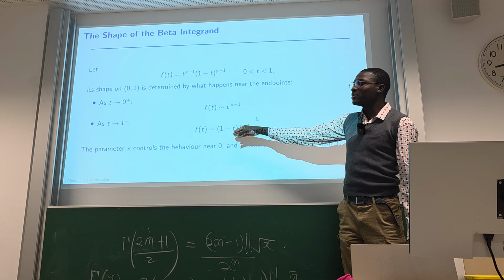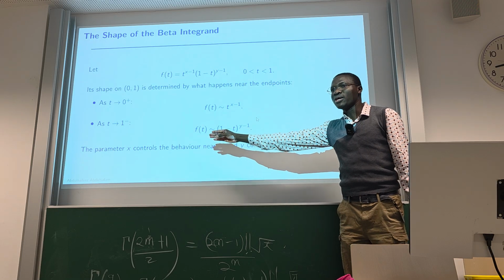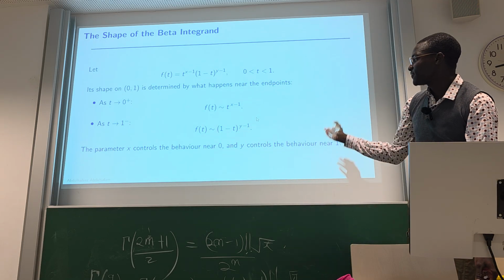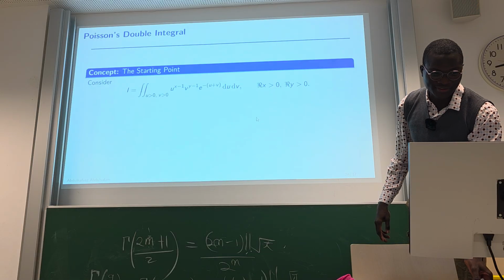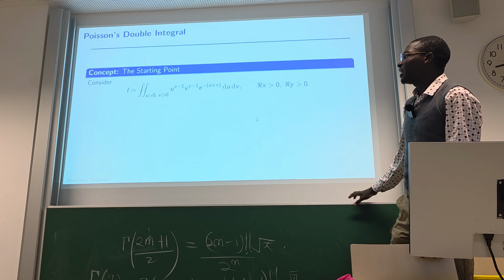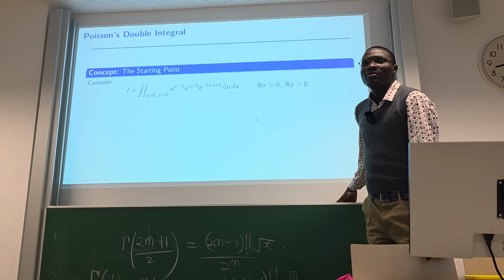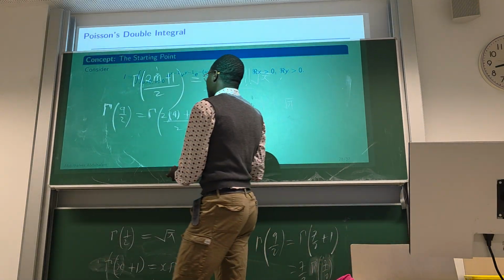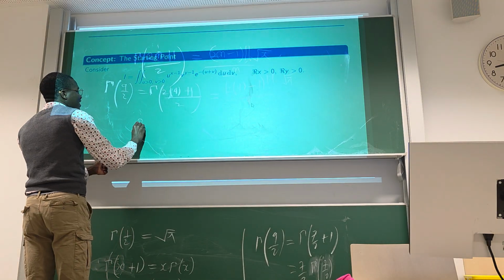Because this becomes 1 over 1 minus t, and when t goes to 1, you have infinity.